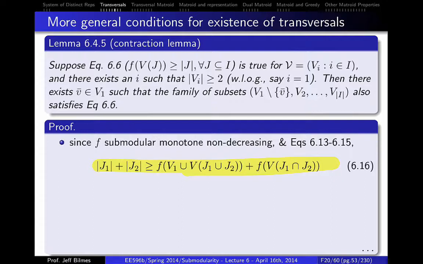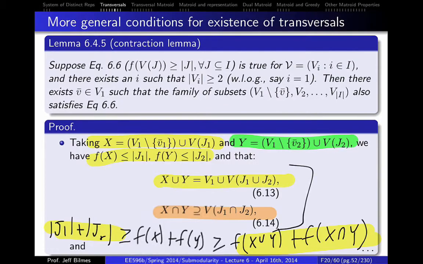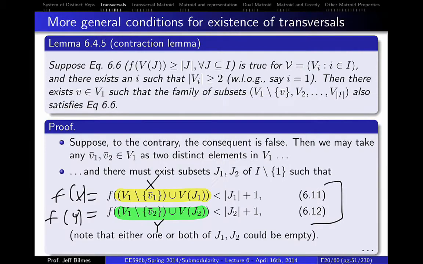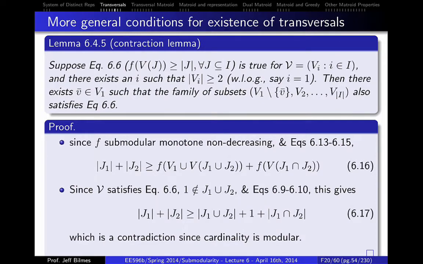And of course we've also used equation 6.6, right, for getting these guys. Actually we've used submodularity, which we know to be true, and we've used a consequence of assuming the contrary, which is equation 6.11 and 6.12. Okay. And that's going to lead us to a contradiction.